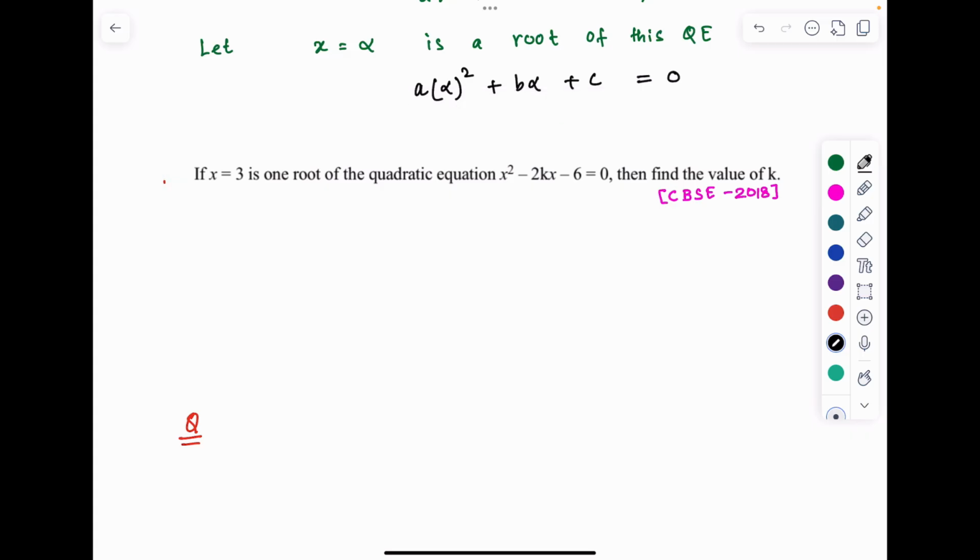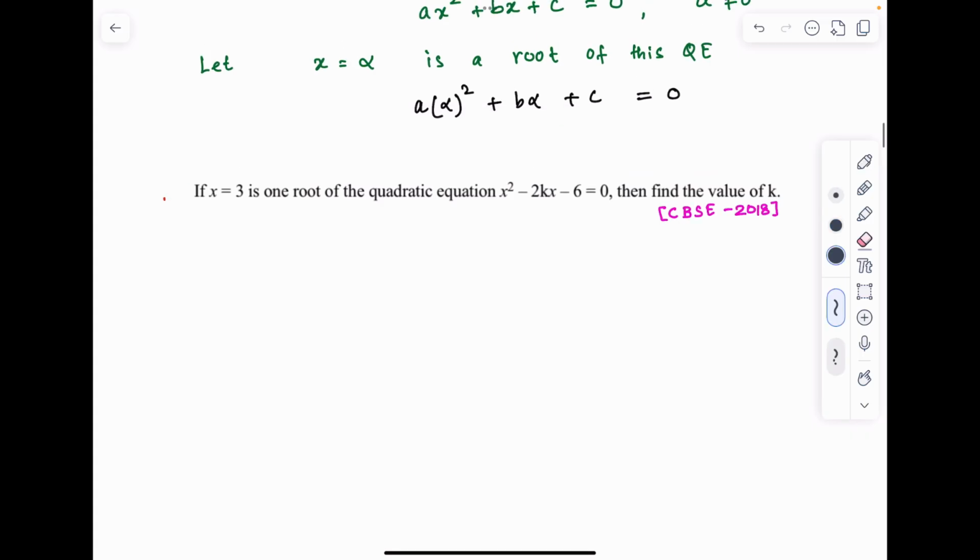For example, if you see this question which came in 2018: if x = 3 is one root of the quadratic equation x² − 2kx − 6 = 0, find k.